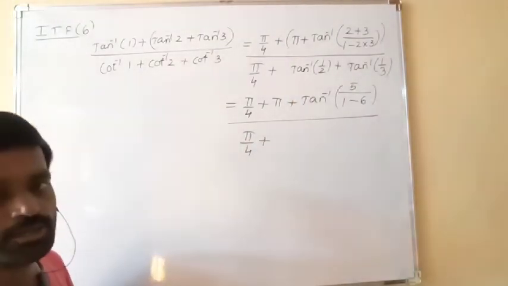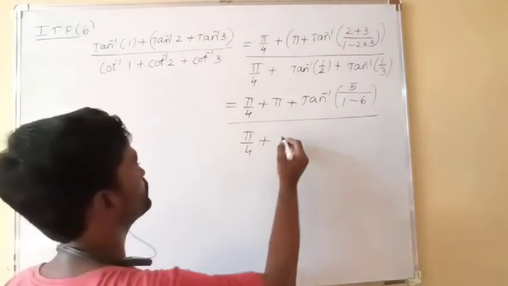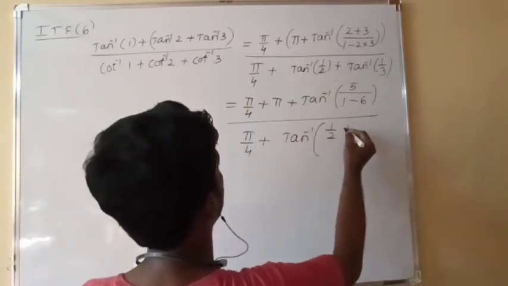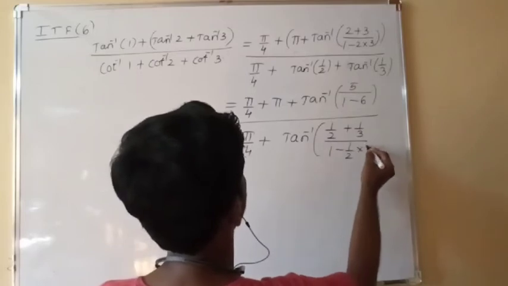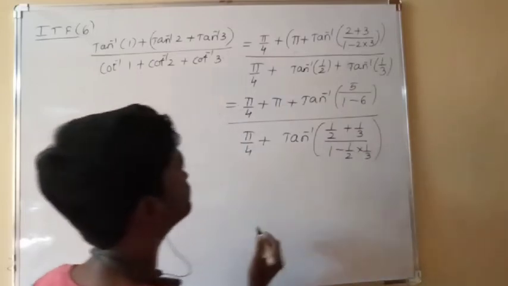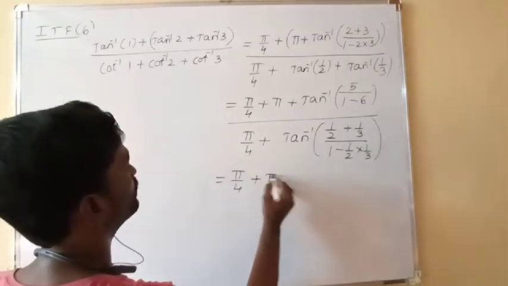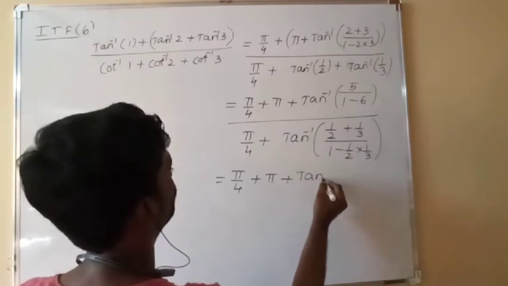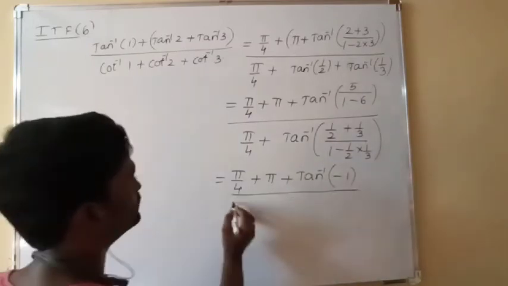Here the x value is 1 by 2, the y value is 1 by 3, and xy = 1 by 6, less than 1. We can use the first formula only, that is tan inverse of (x plus y) by (1 minus xy).